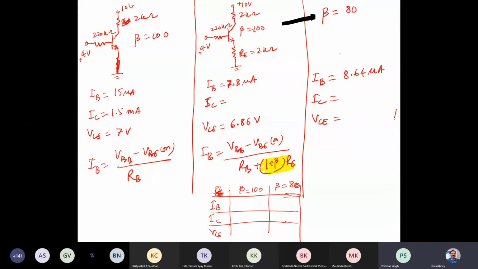The 7.23 volt. 7.23 volt. Okay. If this had not been the case, what's going to happen?